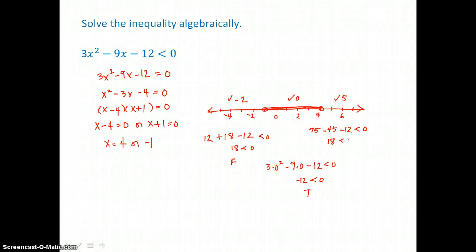Is 18 less than 0? Now that's false. So I know that my solution is between my critical values, and my solution for x for this quadratic inequality in one variable is x is greater than negative 1 and x is less than 4.